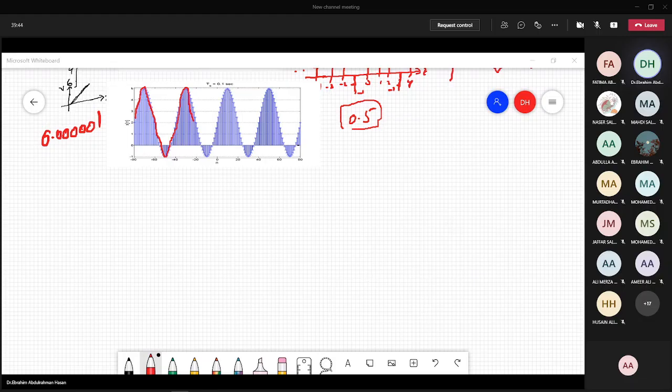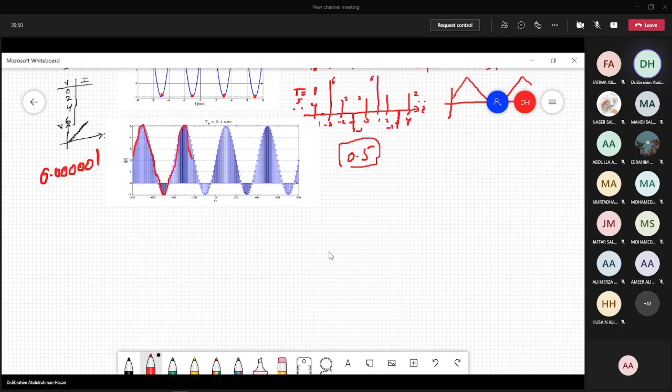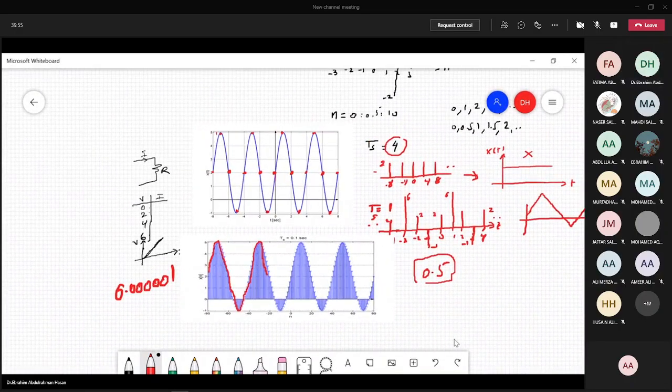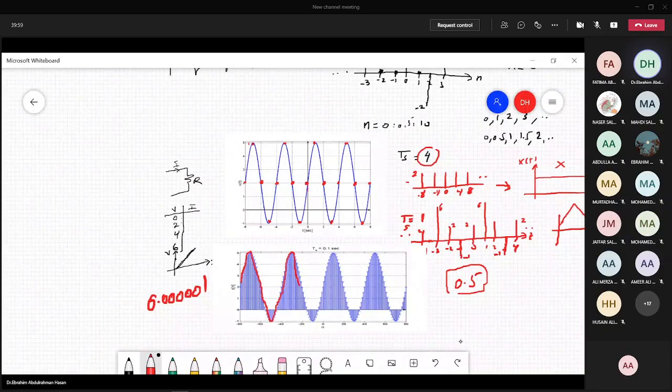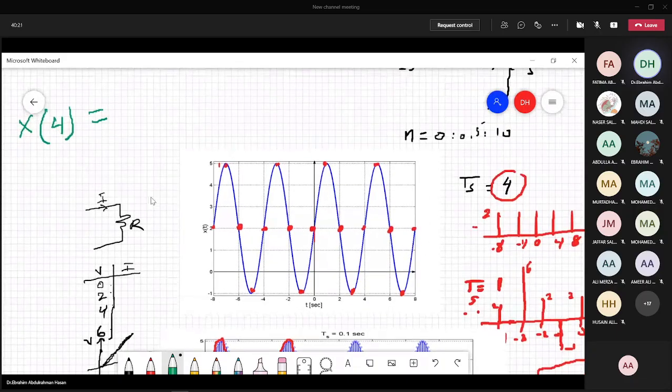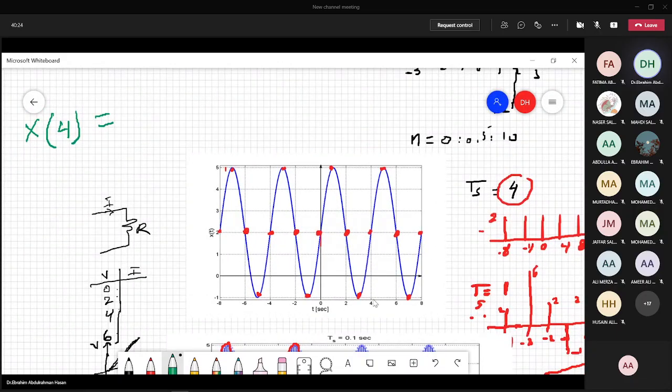Can anyone tell me what the instantaneous value is? The value at the instant itself. Exactly, yes. So when we say, for example, x at 4, the value of x here at 4, this is 4, so it is equal to 2.